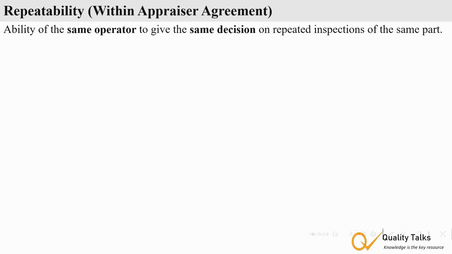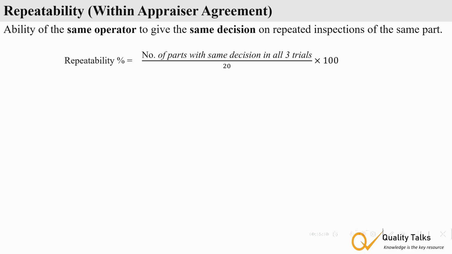First, we will calculate repeatability, that is within appraisal agreement. We know repeatability is the ability of the same operator to give the same decisions on repeated inspection of the same part. The formula is repeatability percentage is number of parts with the same decision in all 3 trials divided by total number of parts, which is 20 here, multiply by 100.